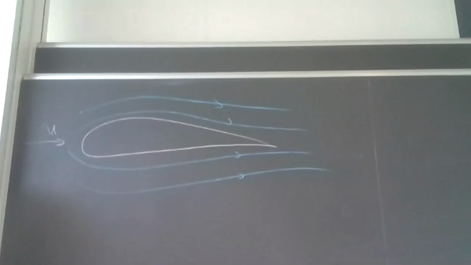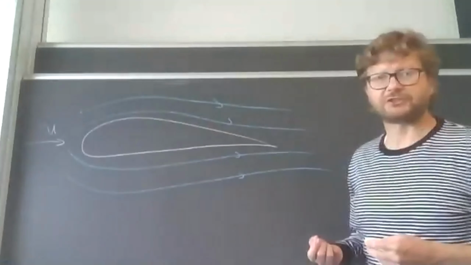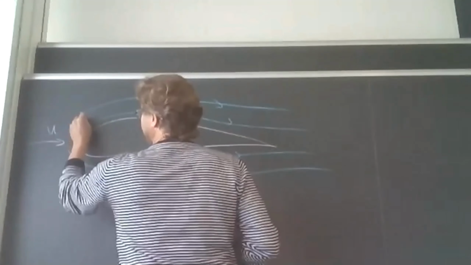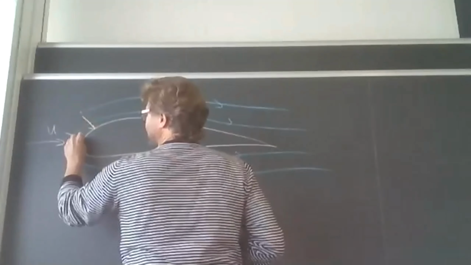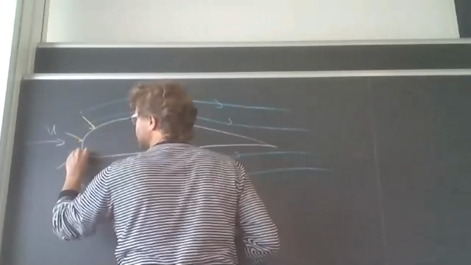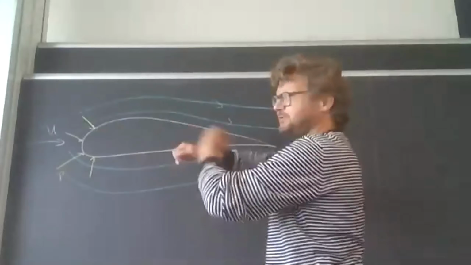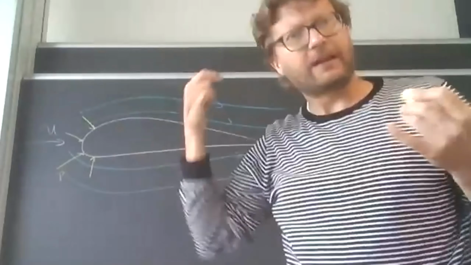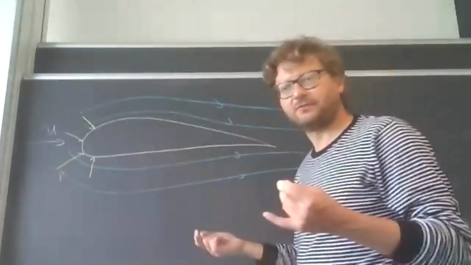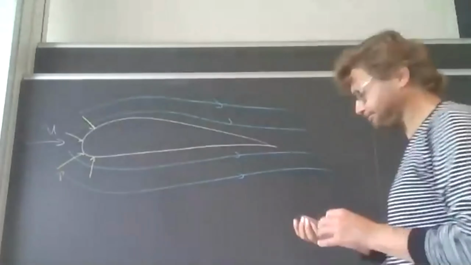And on the surface of this airfoil, we'll find pressures. And these pressures, by definition, are perpendicular to the surface. And they will change. The pressure force will change as we go along the wing. We have already looked at this in the context of potential flow, for instance.